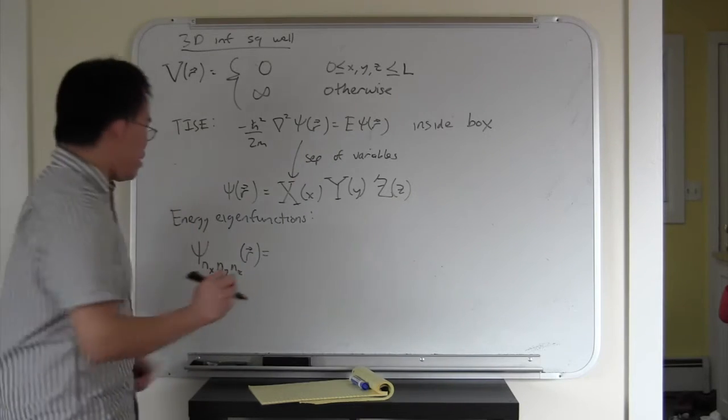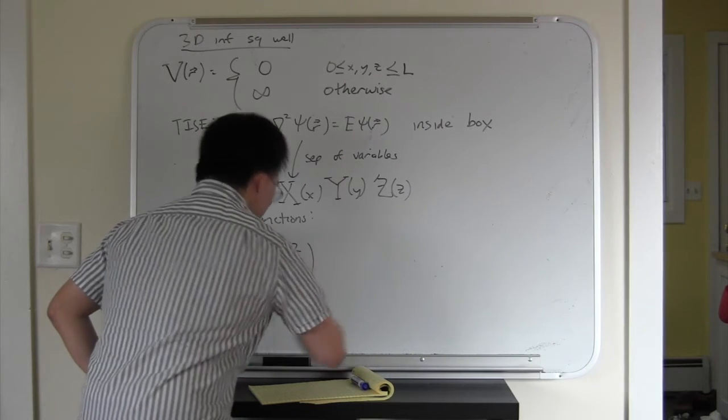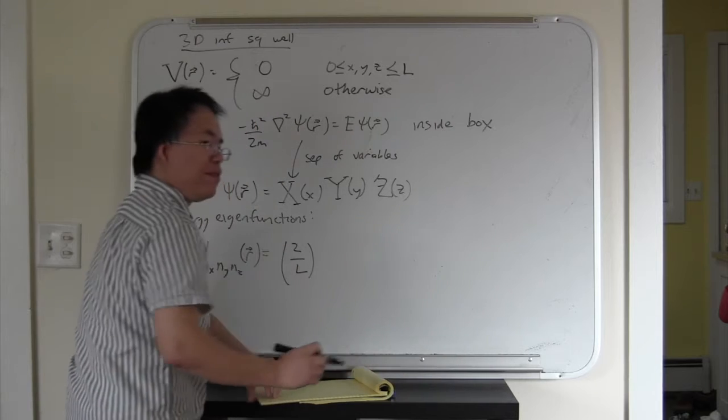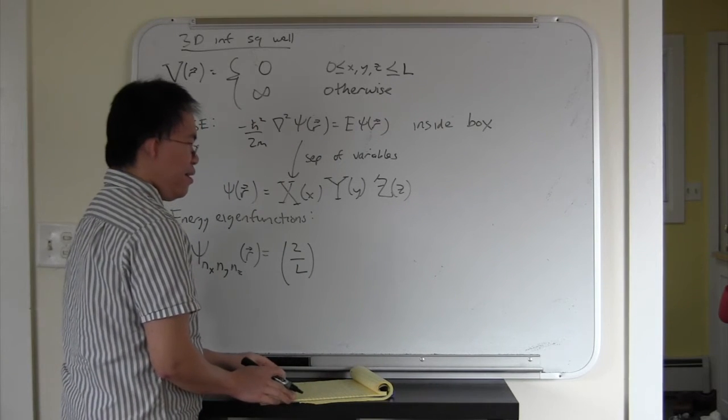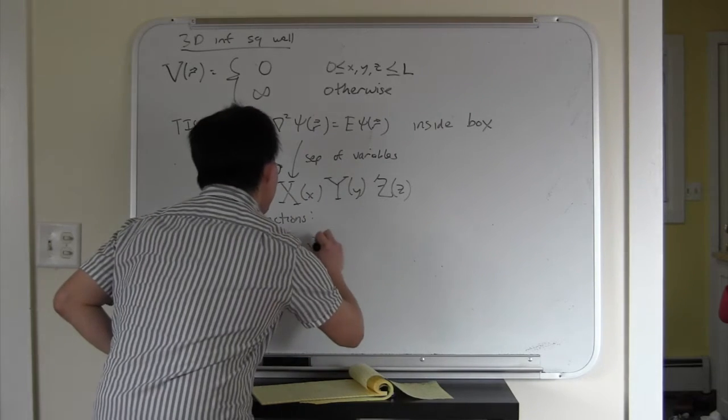It ends up being a product, so now it goes like 2 over L to the 3 halves. We have 3 of those normalization bits, so it's the square root of 2 over L, to the 3 halves.